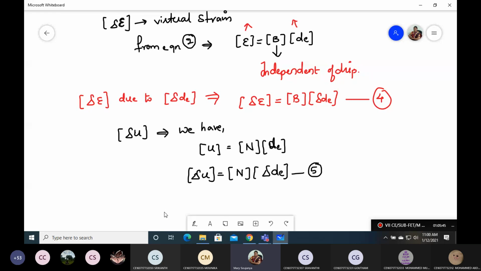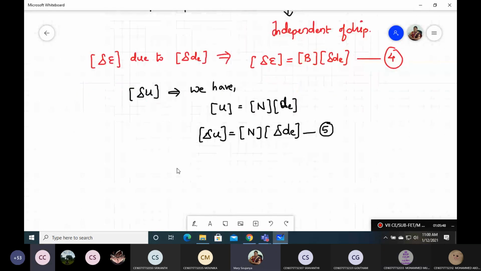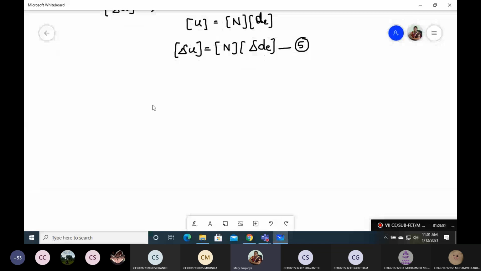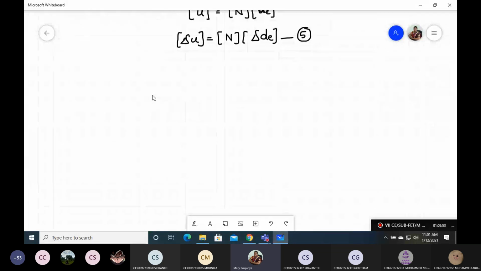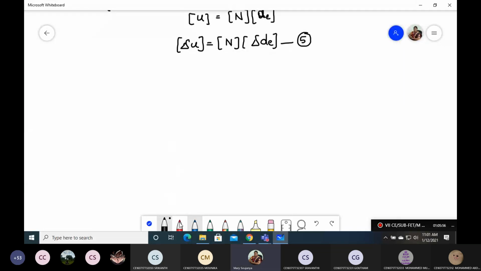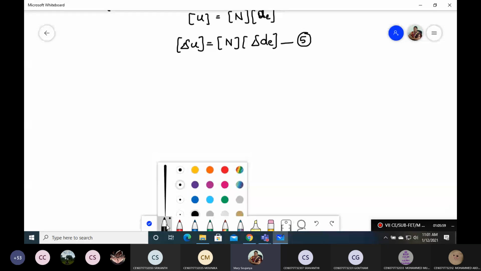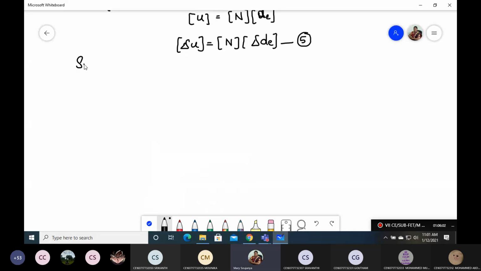Write down: substituting equation 4 and equation 5 in equation 3. What is the whole equation we are going to get? This is big, but okay.